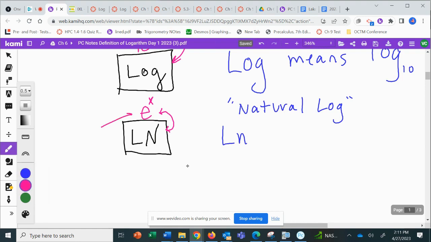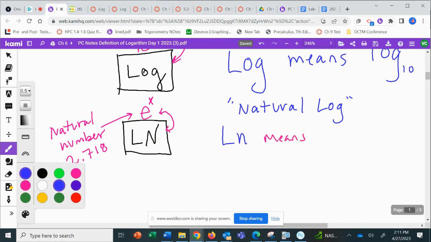We did E last class, and E is called the natural number. E was approximately 2.718. But the natural log means log base E. But we'll never write log base E. We're always going to write ln.